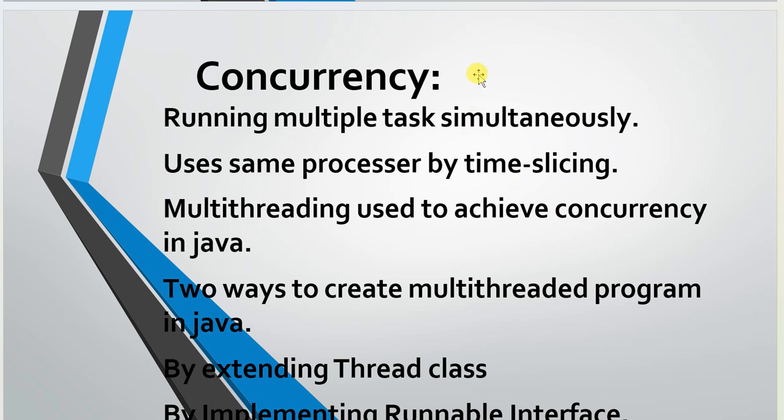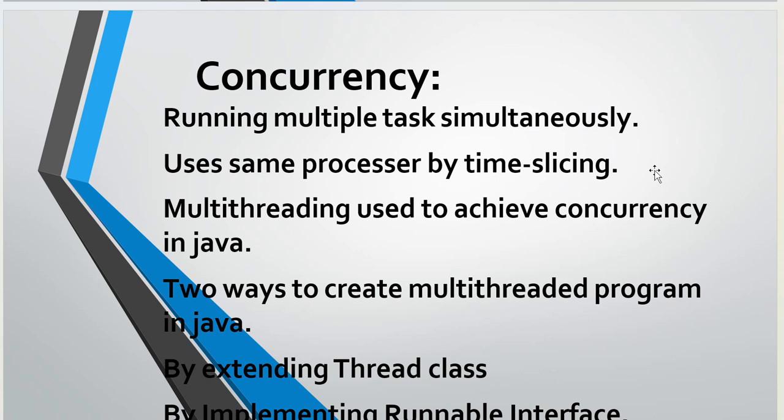Multiple tasks running simultaneously, we say, is concurrency. Concurrently we are running multiple tasks. It uses the same processor by time slicing. What I was saying is that the processor will be the same, and the threads will use the processor by time slicing, in small time frames.